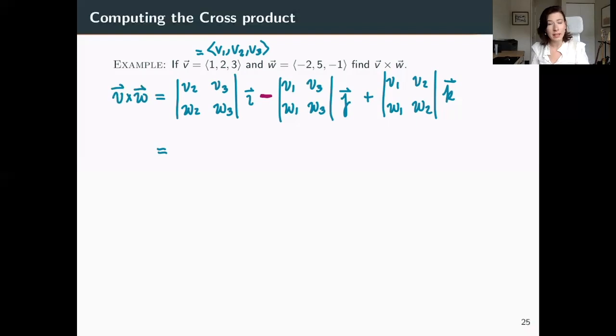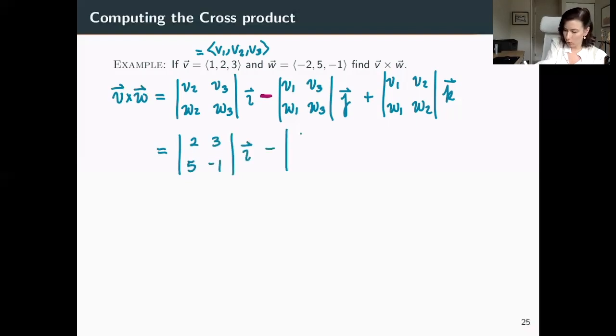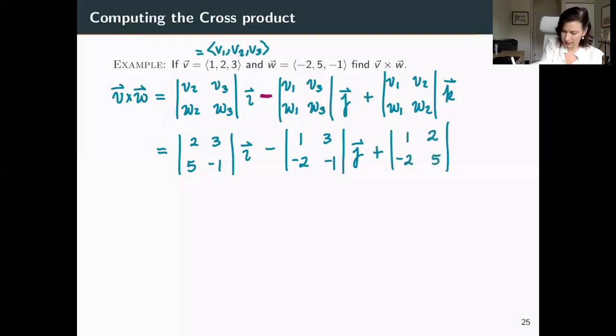We can then fill in our values for the various components of V and W. So we'll have the determinant of 2, 3, 5, negative 1 times my component vector I, minus 1, 3, negative 2, negative 1 times my component vector J. Finally, we get 1, 2, negative 2, 5 times my component vector K.